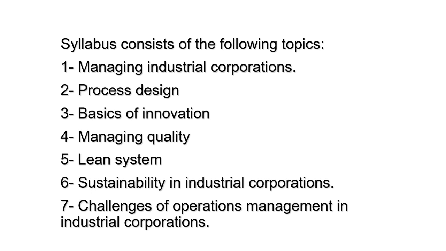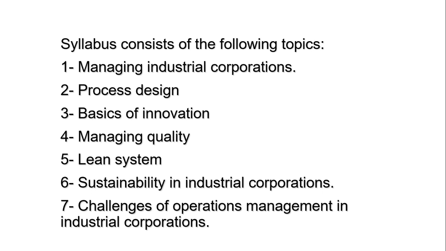Chapter 5 will learn more and more about lean system. Lean system is a new and important concept inside any industrial organization, especially the multinational organizations, and you will have a very good and excellent idea about lean in our chapter, inshallah.